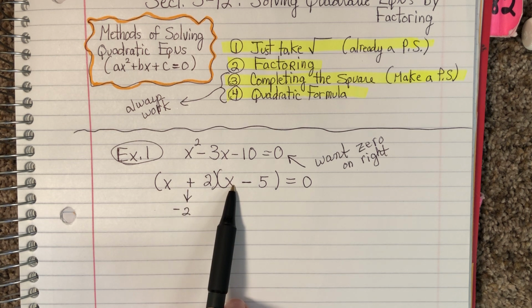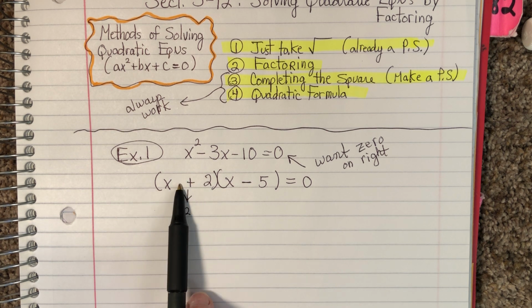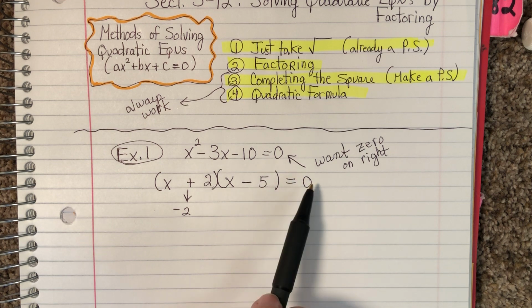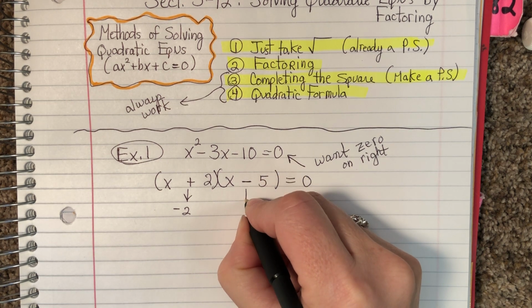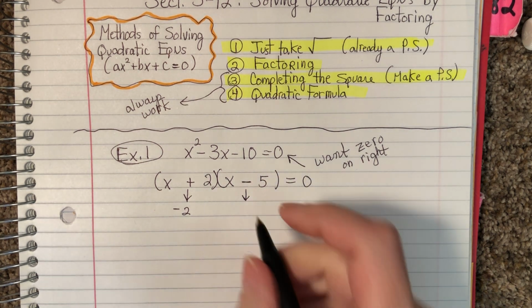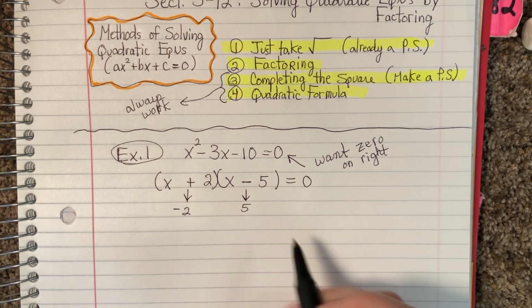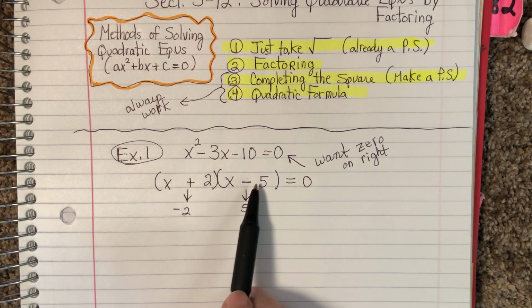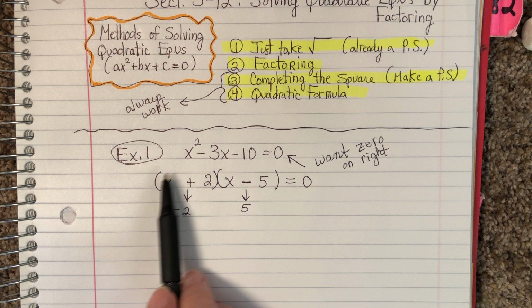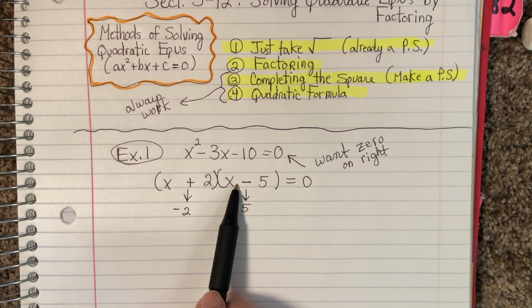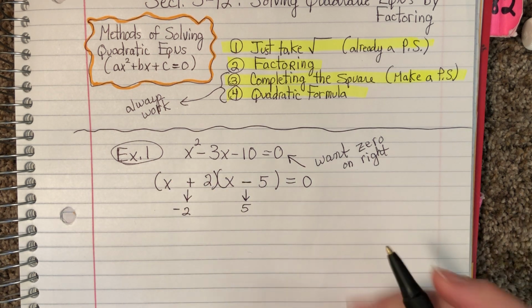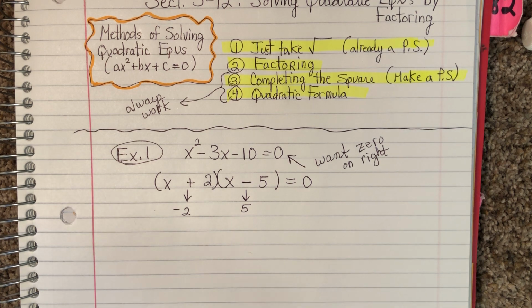This one will be negative 7, but who cares about this one? Because 0 times whatever is going to be 0. Now let's see what would drive this parenthesis to be 0. Positive 5. Because if I put a 5 in both places, this would be a 7, but who cares? This will be a 0, and 7 times 0 is 0. So those are my two answers.